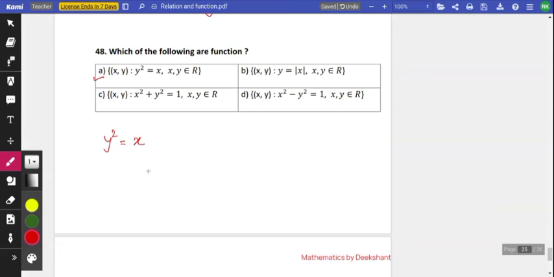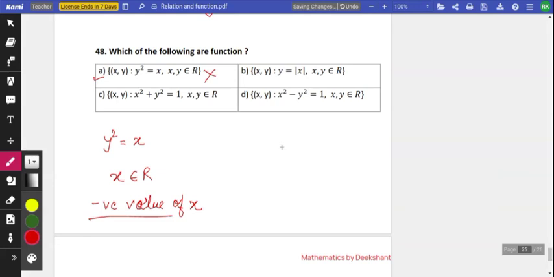It means for a negative value of x the image is not defined, because y square is always positive and x can be negative because x belongs to the real numbers. For a negative value of x, the image is not defined.